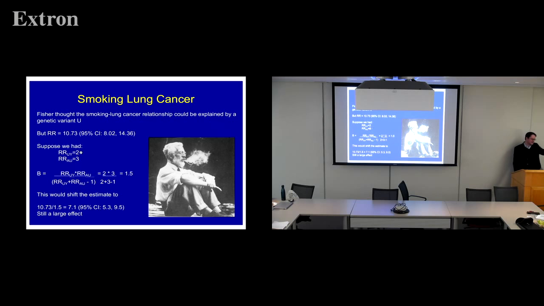But we could specify whatever we want. We could specify twofold increase in lung cancer, threefold increase for smoking, plug that in, get a bias factor of 1.5. We then divide the estimate and both limits of the confidence interval by 1.5 to get a corrected estimate and confidence interval. And this is essentially conservative. This is the most such an unmeasured confounder could affect the risk ratio estimate. We'd still have a large effect, even if we had pretty strong confounding here.